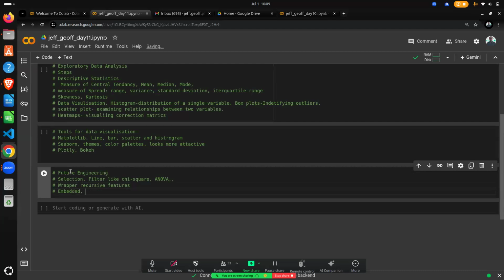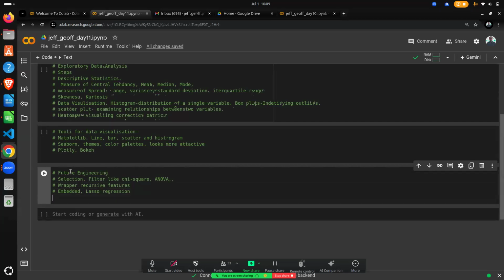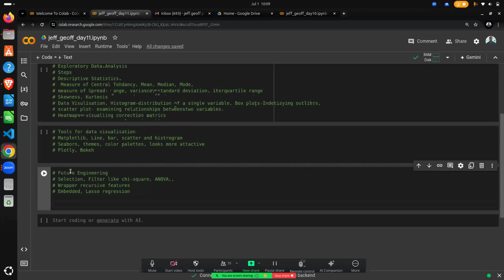Embedded basically uses lasso regression. I'm not going to talk about it, especially that part for now, but I'll talk about this because most of the time we are doing what they call feature scaling and normalization.